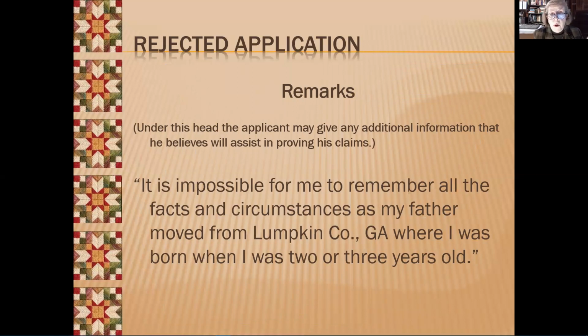But bottom line was, he was not eligible to even apply, and of course did not get any money. But he did have some good information. He didn't have as much as Sterling Colston did, but he did have some good information.